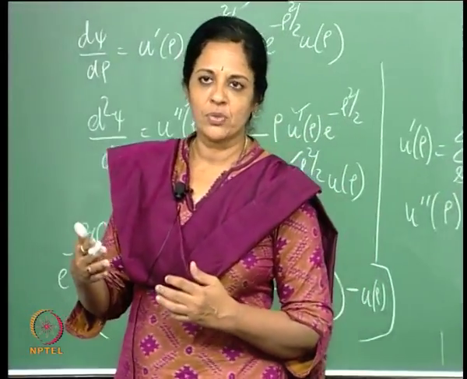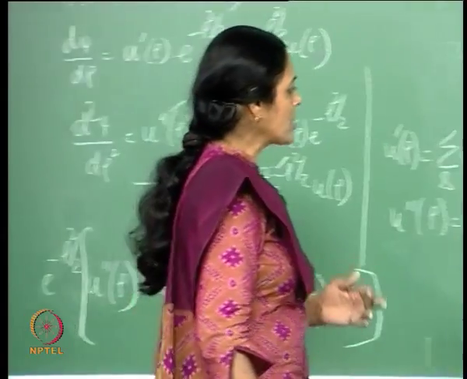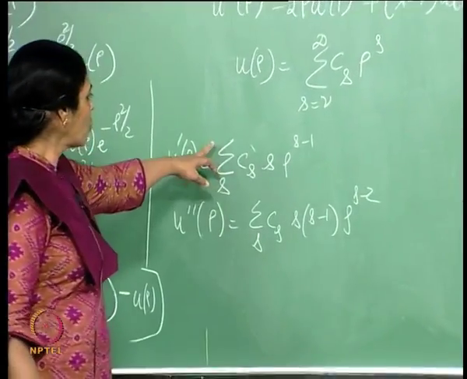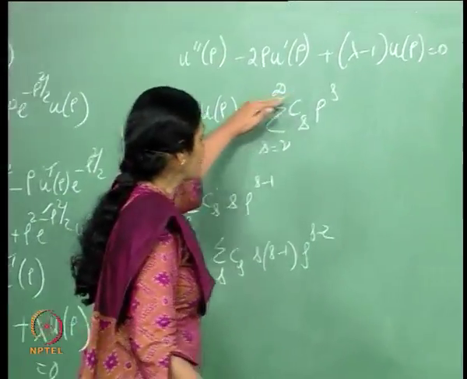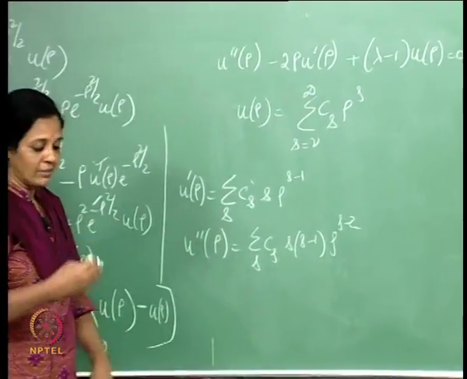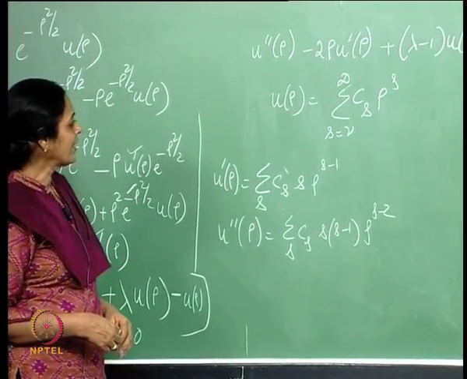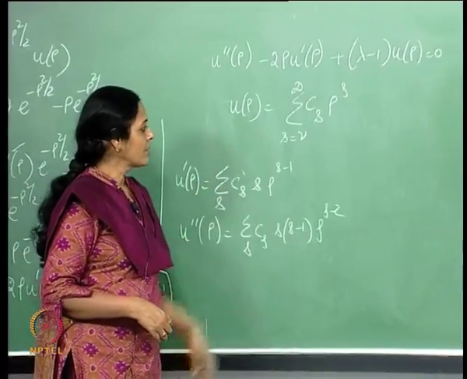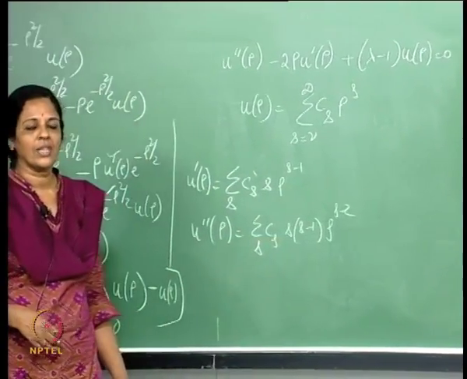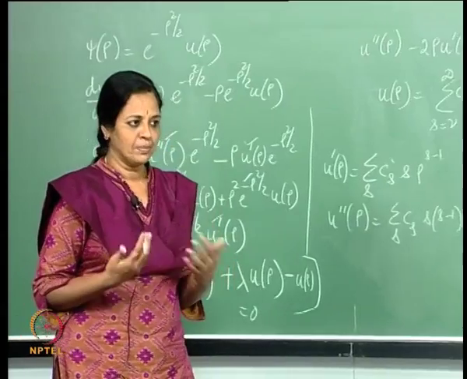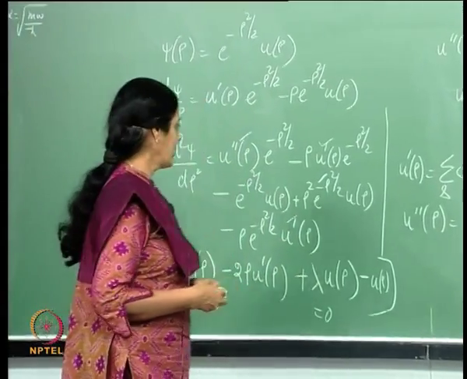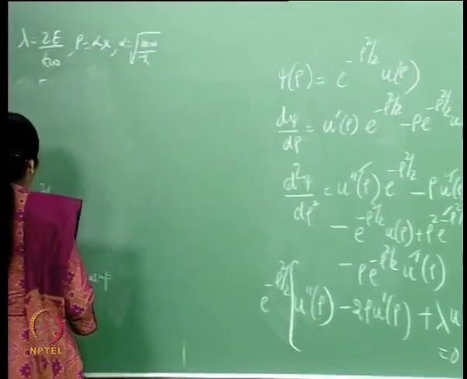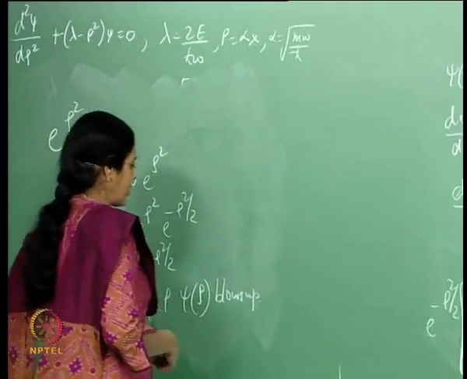There is some value of s where the series truncates, and therefore the summation over s does not go all the way to infinity, but gets stopped at a finite value. And if that happens, then clearly I do not have to worry about the asymptotic behavior being e to the rho squared. So let us see how exactly this series will truncate.